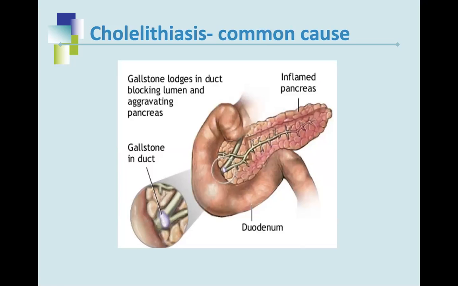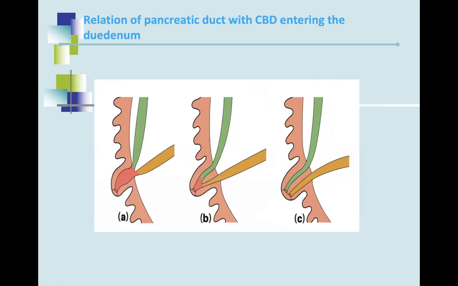The same thing as we have already discussed. Now this gallstone or obstruction again depends upon the anatomy of the ampulla of Vater. You see here in figure 8.1, both the pancreatic duct and CBD are opening into a common channel which makes the ampulla of Vater.